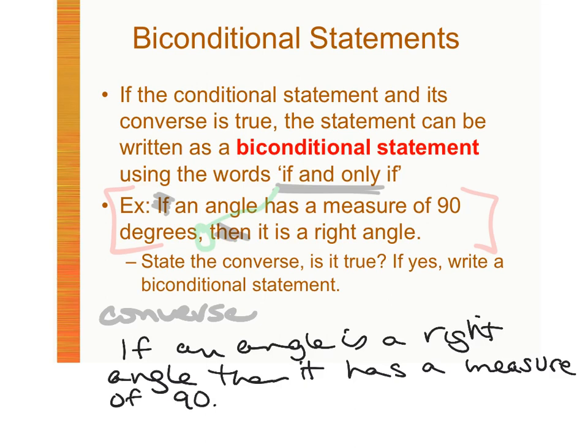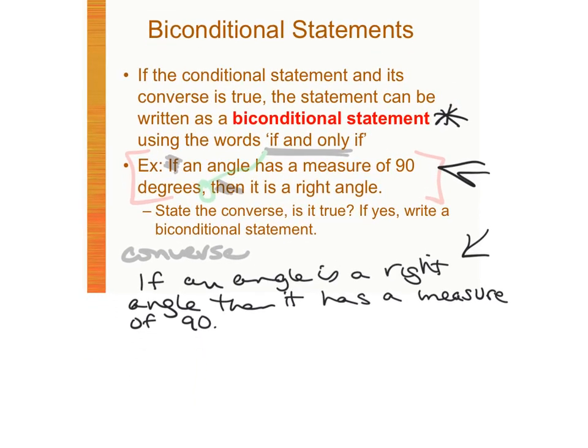Is that true? Yes, it is. So because both statements are true, I can now go back and write a biconditional statement. Now, I have options here. I can either write my biconditional off of the original or off of the converse. It doesn't matter. So let me go ahead and do it off the original.